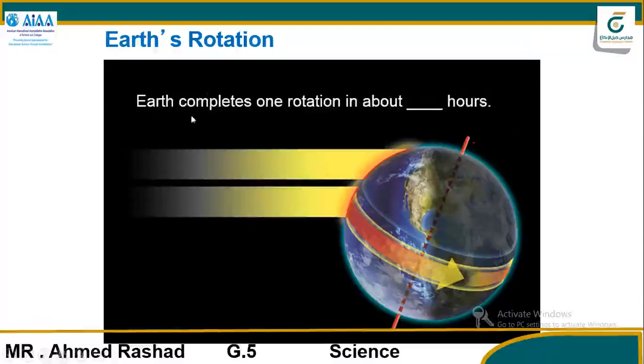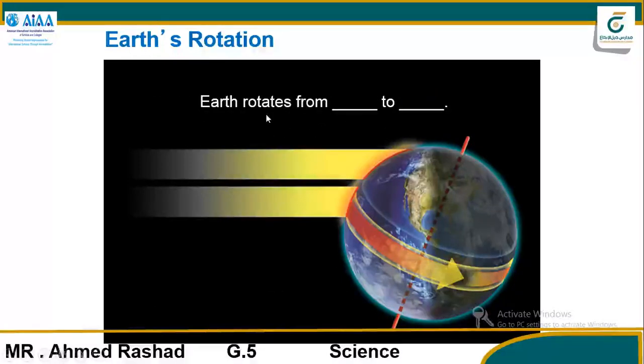So Earth completes one rotation in about 24 hours, and does Earth rotate from east to west or the opposite direction? Yes, the opposite direction. So the Earth rotates from west to east.